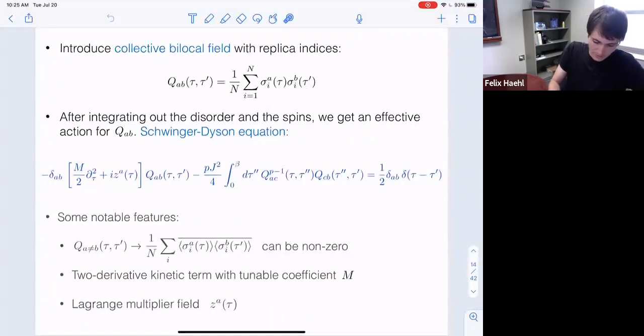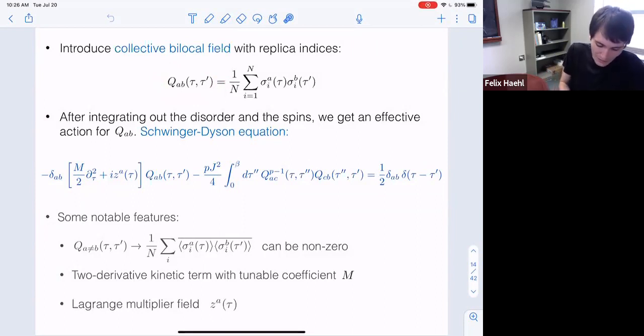Now we proceed in a perhaps familiar way. We introduce this bilocal variable Q, which also carries the replica indices. So this is going to be essentially a two-point function between the spins living on replica A and replica B. And after we integrate out the disorder and the spins, so you do the usual tricks with these path integrals, you obtain an effective action for this bilocal variable Q. In the SYK context, this was called G. That was the fermion two-point function I talked about before.